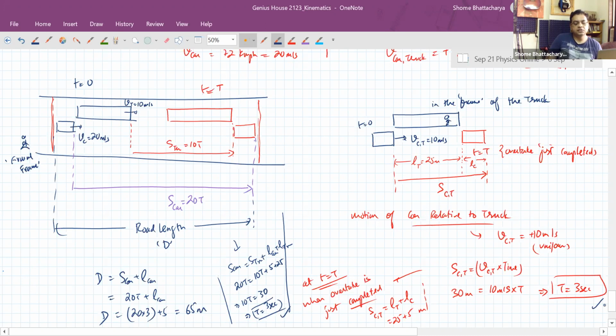But at least for the time to complete the overtake, it's much easier to put your reference frame in one of the moving vehicles so that that one becomes stationary for you and you're observing the second one relative to it.